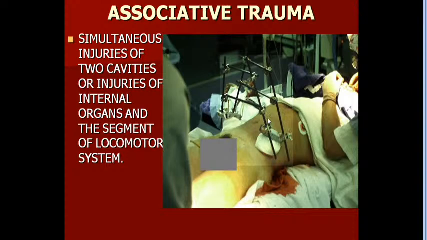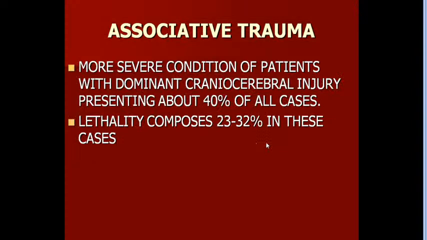First moments: prepare for operative treatment on the abdominal cavity, and stabilize the pelvis. Associated trauma has more severe conditions of patients with dominant craniocerebral injury, presenting about 40% of all cases. Lethality is 20-30% in this case.